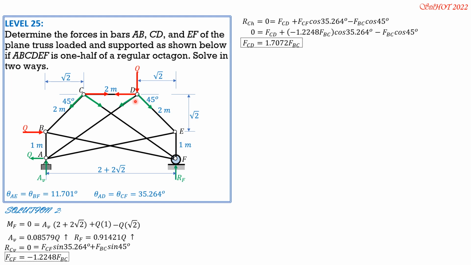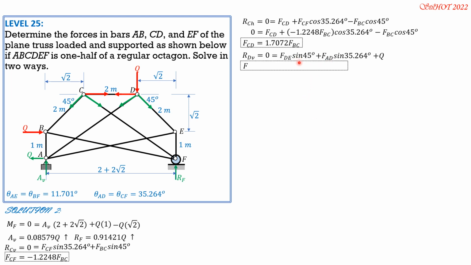These are the forces involved. So first, RD vertical equals 0, downward positive. So 0 equals FDE sine of 45, downward positive, remember, plus FAD sine of 35.264, this angle, then plus Q. So express FAD in terms of FDE.